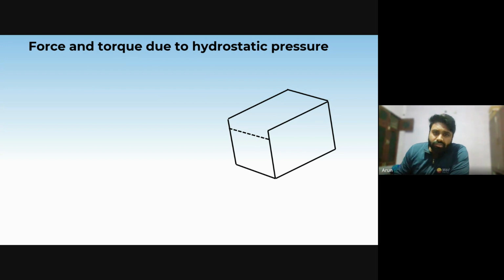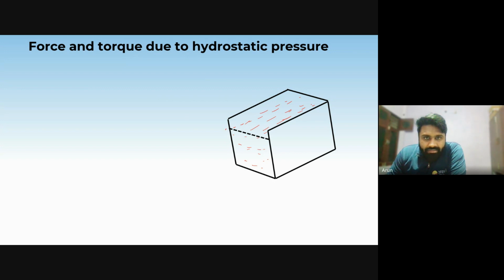Okay, so I have taken an example here. This is a dam or a reservoir of water. Consider that up to this height the water is filled. This is all water inside it, and we need to calculate how much force this liquid applies on the wall of the dam.